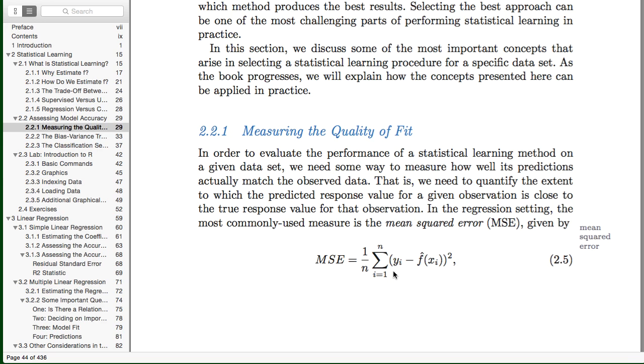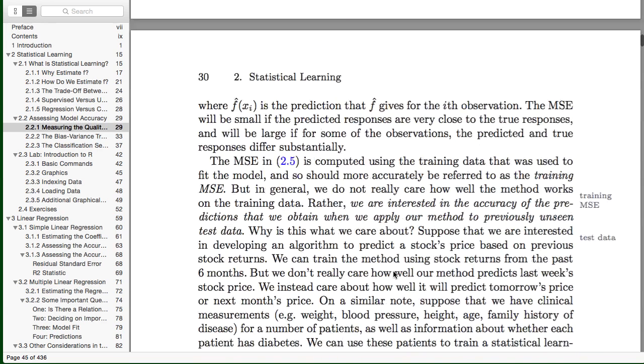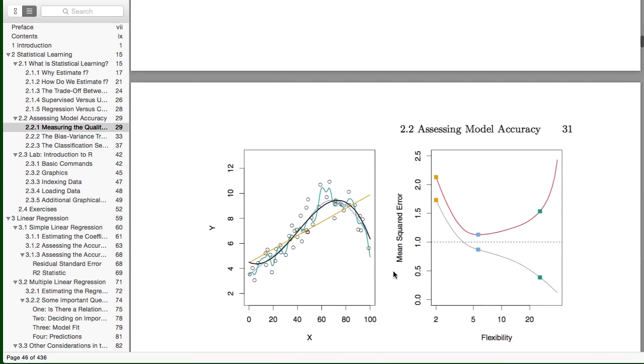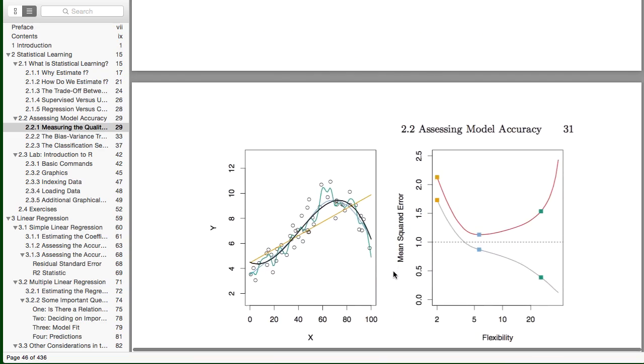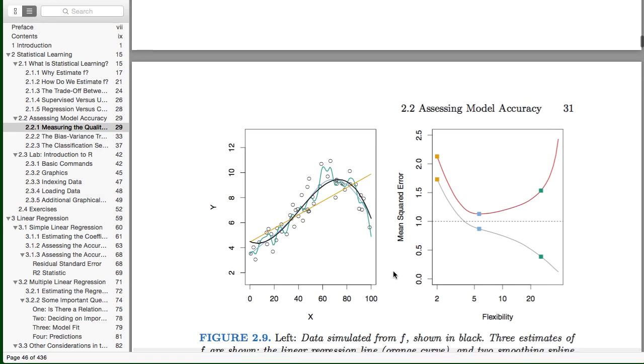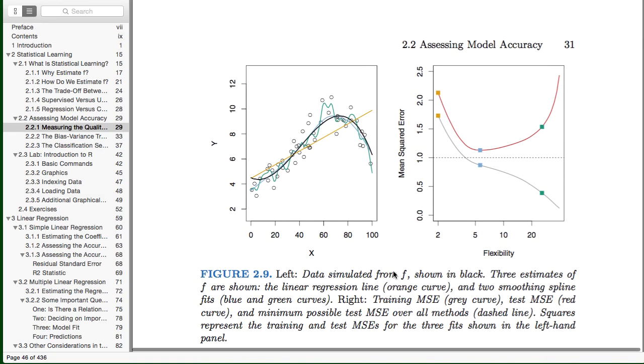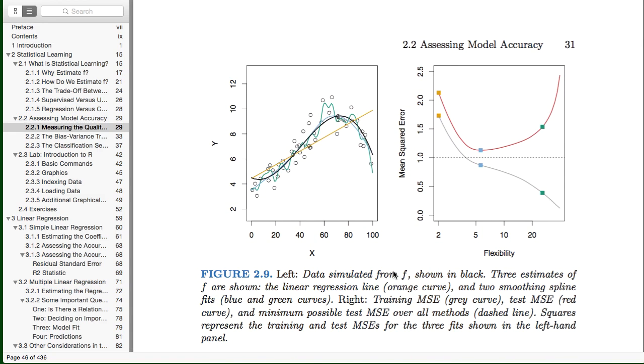And the textbook uses 2 pictures to illustrate this. So let's take a look at the first of these 2 pictures right now. And both of these pictures, I have to emphasize, figure 2.9 and figure 2.10, are pictures of simulated data. So we have something available to us that's normally not available.